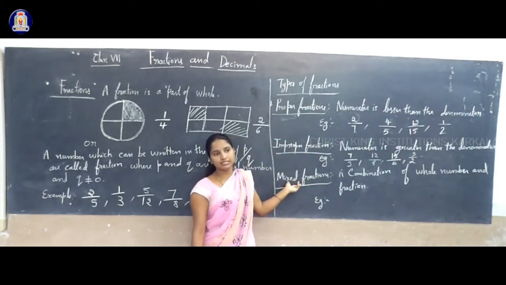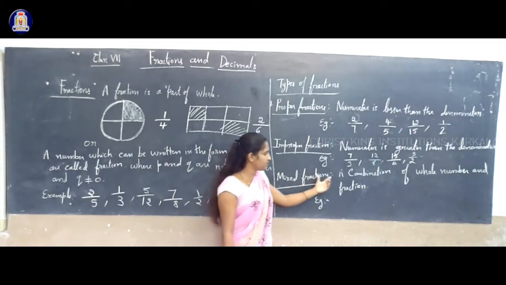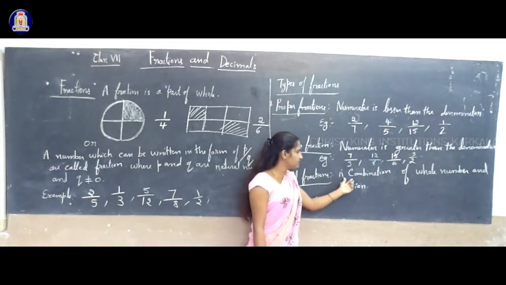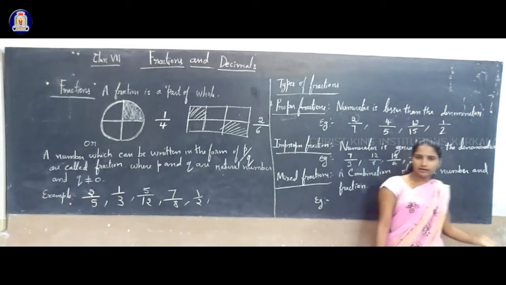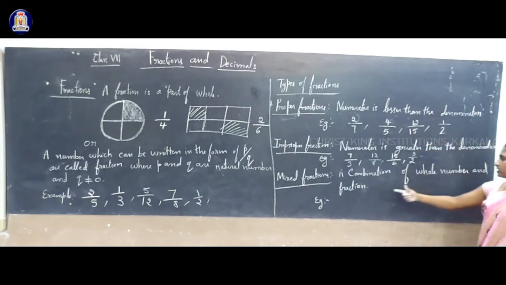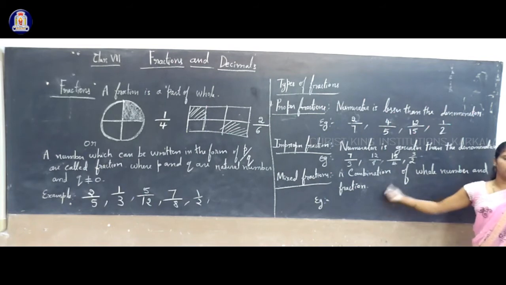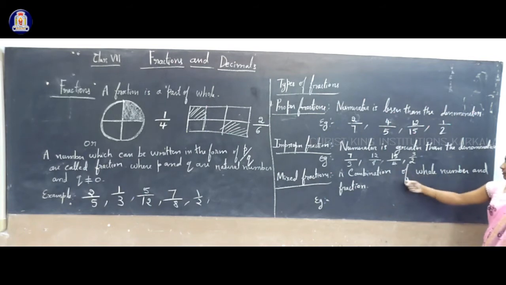What is a mixed fraction? A mixed fraction means a combination of a whole number and a fraction. Or we can say that a mixed fraction includes a whole number.